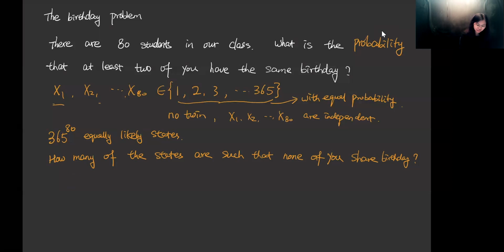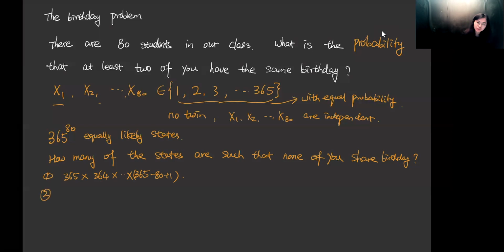That would give us 365 times 364 times, and so on, down to 365 minus 80 plus 1. So this is the number of possible states in which none of you share a birthday. That's one way to calculate that.